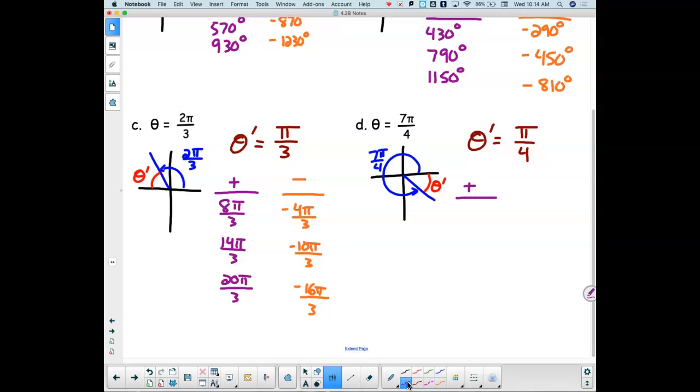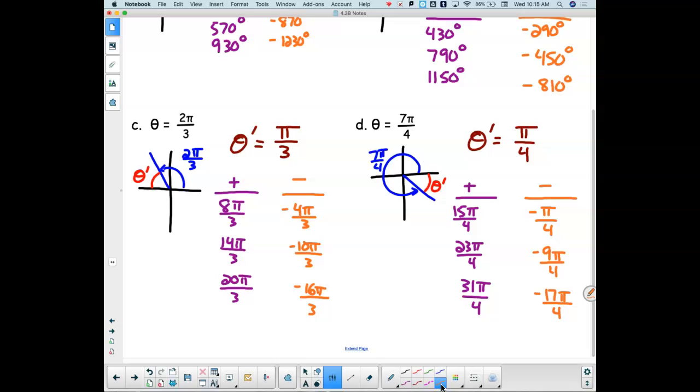Positive coterminal angles would be 15 pi over 4, 23 pi over 4, 31 pi over 4. Negative coterminal angles would be negative pi over 4, negative 9 pi over 4, and negative 17 pi over 4.